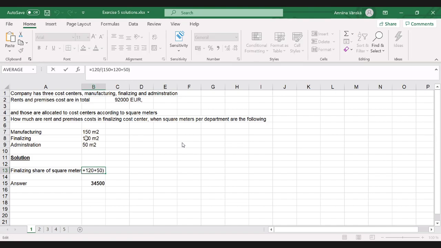So 120 square meters from the total square meters. So the percentage is 37.5. Then we calculate that 37.5% from the total cost, and then we get that the finalizing cost center's share of those costs is 34,500.